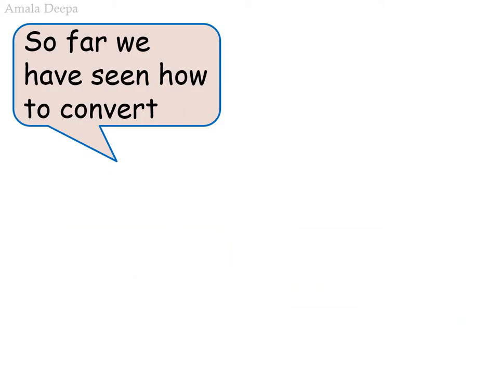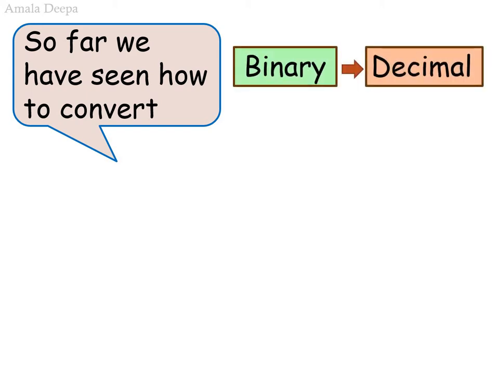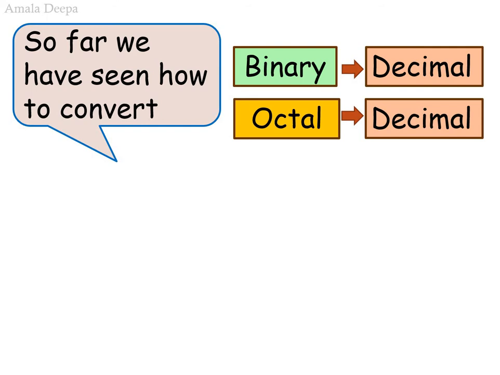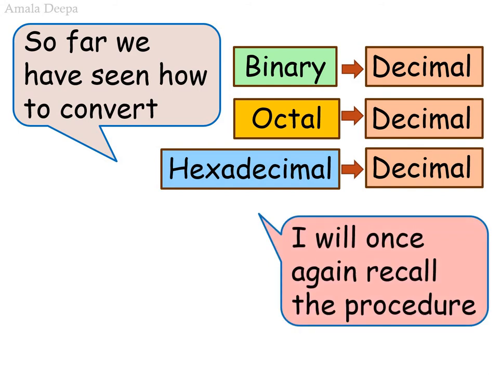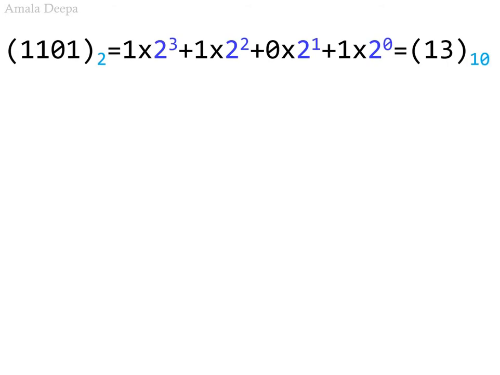So far, we have seen how to convert binary to decimal, octal to decimal, and hexadecimal to decimal. I will once again recall the procedures. To convert binary to decimal, you multiply each of the digits by powers of 2 and then add them.